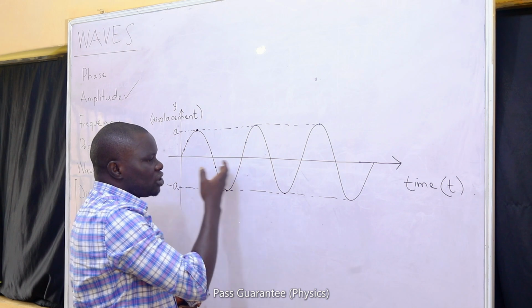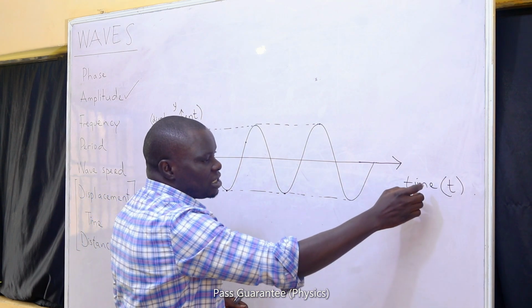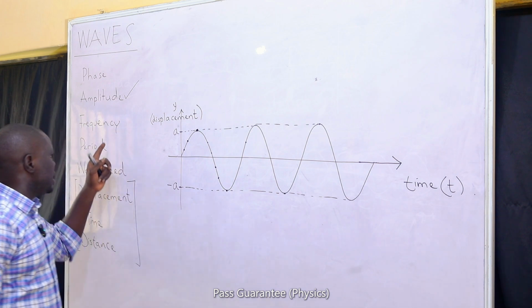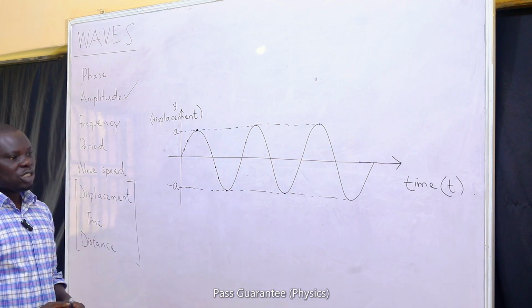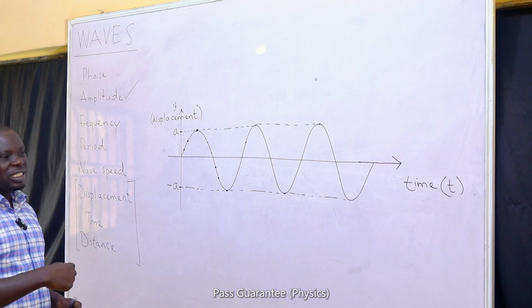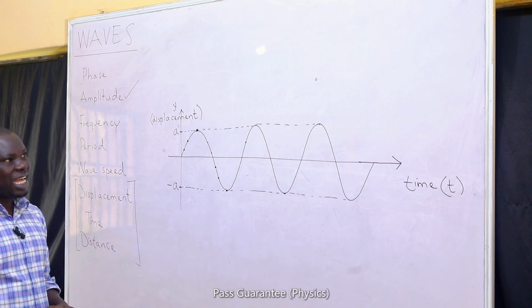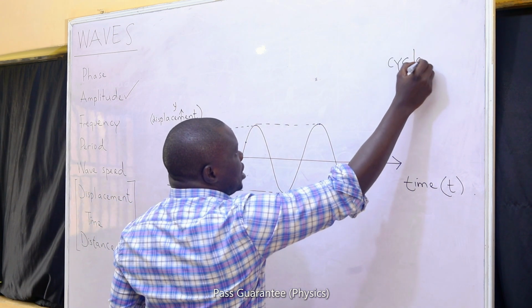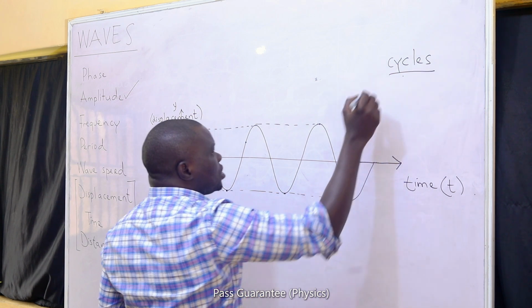I told you that the horizontal axis can either be represented with time or distance. Now, frequency is time dependent. That is why I'm saying that the frequency is the number of cycles completed by the wave in 1 second.